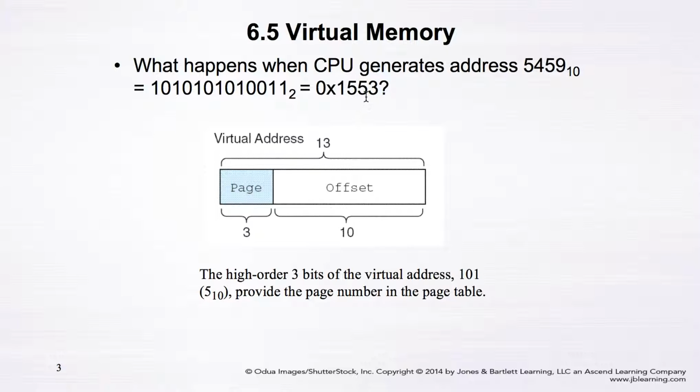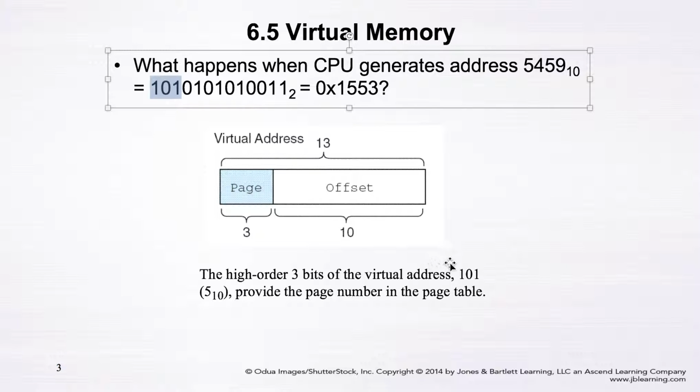In the virtual address, we have 13 bits, with the first 3 high-order bits, 101, representing the page, and the remaining 10 bits representing the offset.